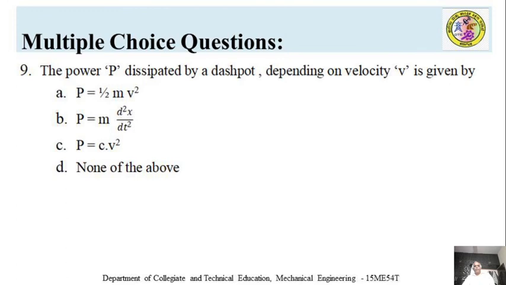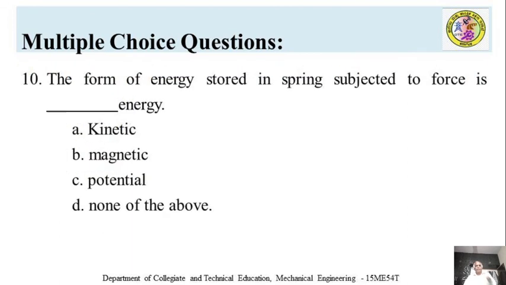The power P dissipated by a dashpot depending on velocity V is given by P equals cv square, where V is the velocity and C is the damping coefficient. The form of energy stored in a spring subjected to force is potential energy.